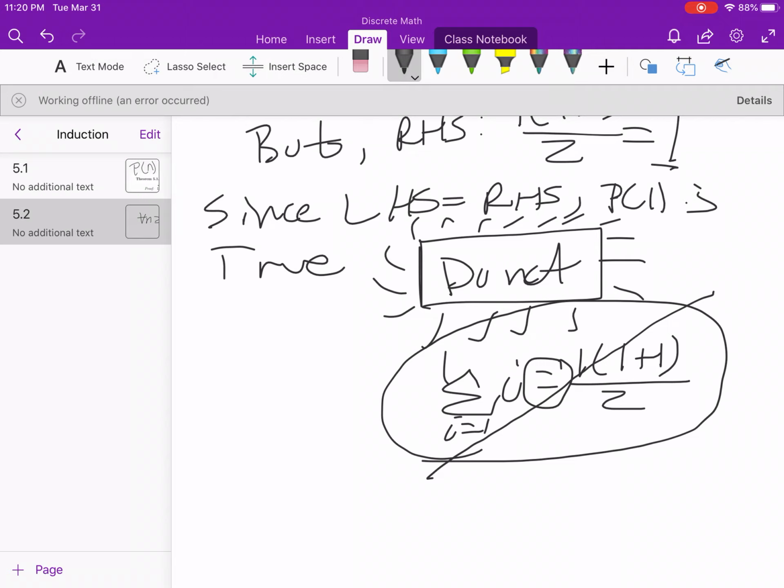I can't make a statement about equality, right? That's what this equal sign means. It means that these two things are equal to each other. I don't know that, right? It's not a hard thing to show, but in general, I can't make a statement of equality just at the beginning, right? That's what I want to show. I want to show that it's true. I want to show that this equality actually holds, right? So I can't say that it holds in my very first part of the steps.